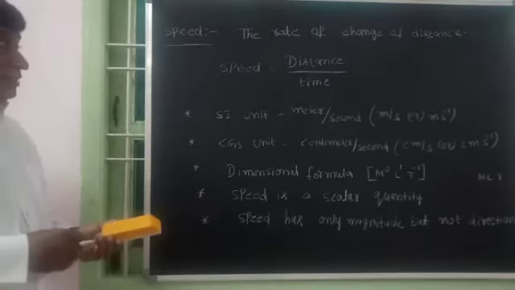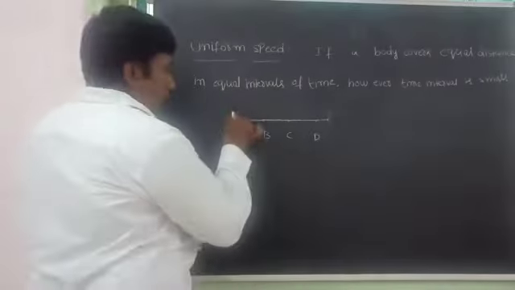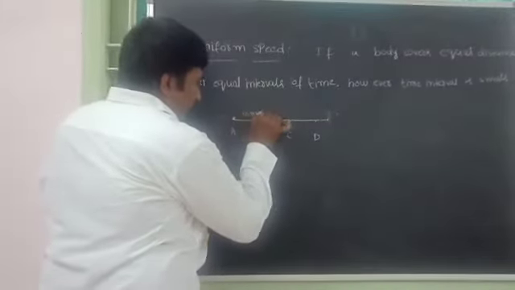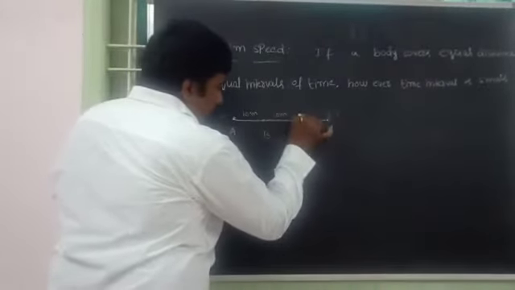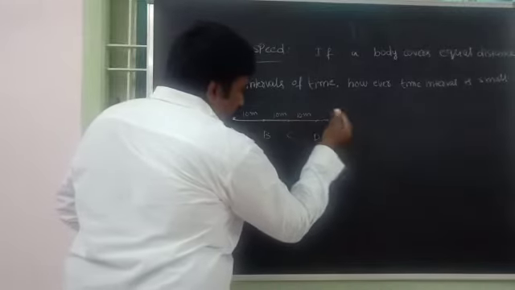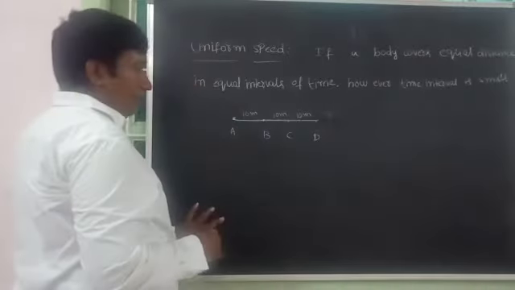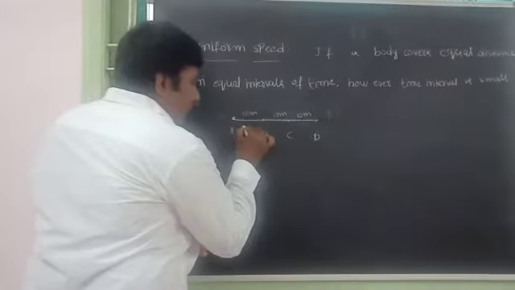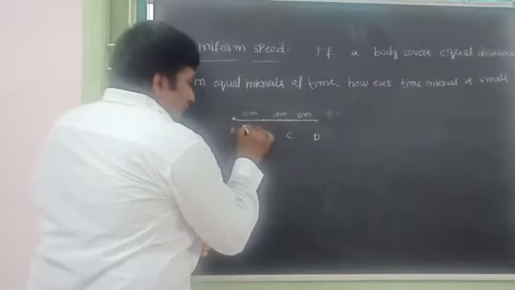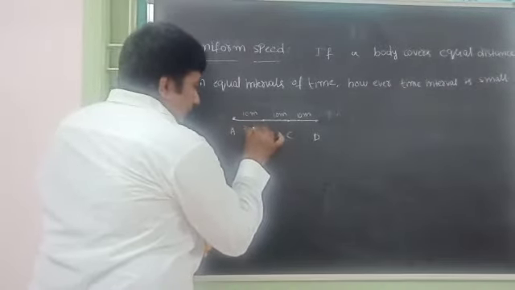Uniform means same speed. So if I take some points like this as A, this as B, this as C, and this as D, and it covers equal distance, for example 10 meters, 10 meters, 10 meters and 10 meters, in a time period of, for example, 30 seconds.